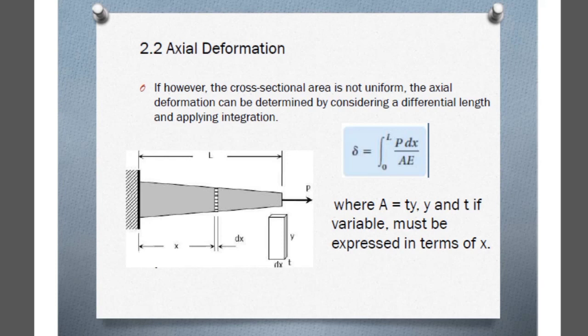If, however, the cross-sectional area is not uniform, the axial deformation can be determined by considering a differential length and applying the integration.